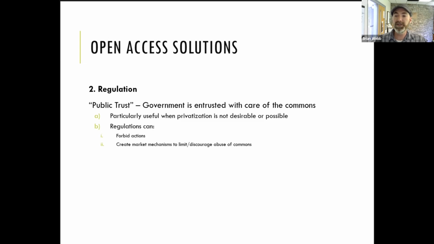So if a resource belongs to the community, then the community regulates it in the form of government acting on behalf of the community. This is something referred to as the public trust doctrine. In other words, the government is entrusted with the care of the commons. The commons belongs to the community. The society benefits from that resource. And so society is entrusting the governance of that resource to the government in order to manage it.